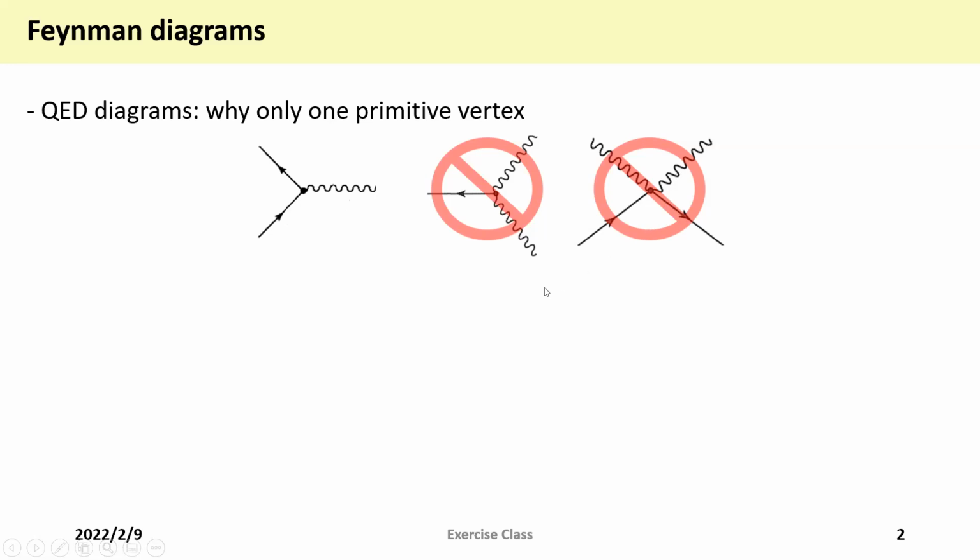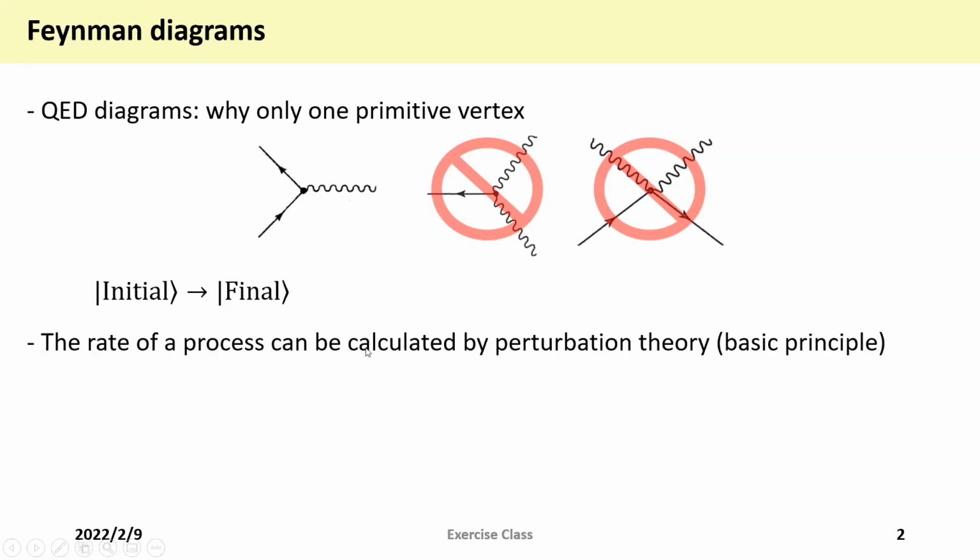To understand this point, I think the most appropriate way is to go back to the purpose of Feynman diagrams. In particle physics, one thing that we do very often is that, given the initial state and the final state of some particles, we want to obtain the transition rate.